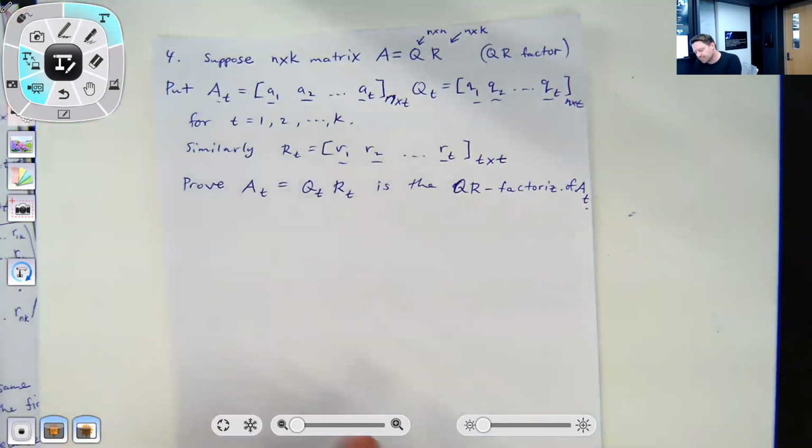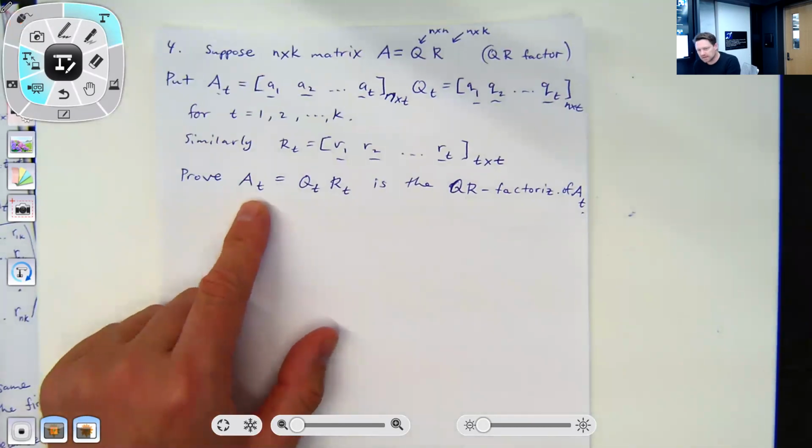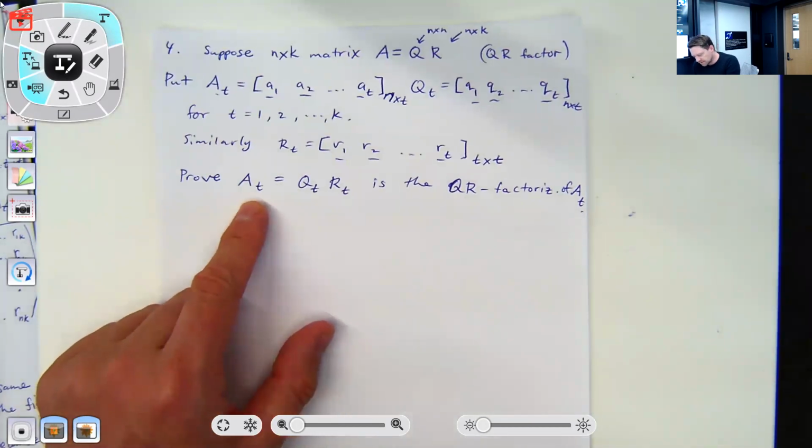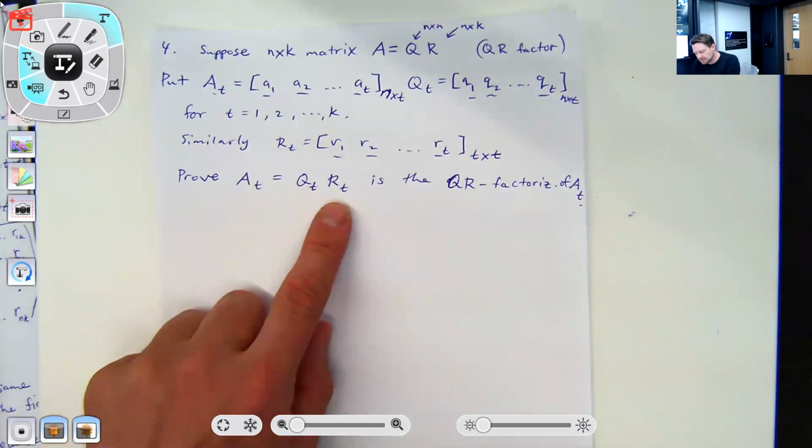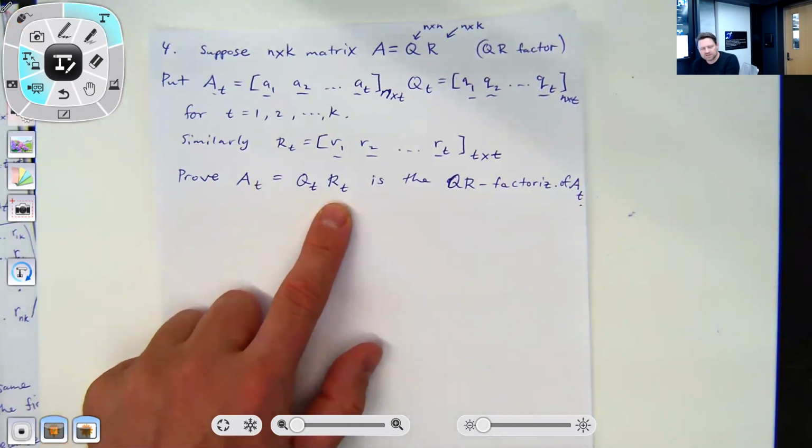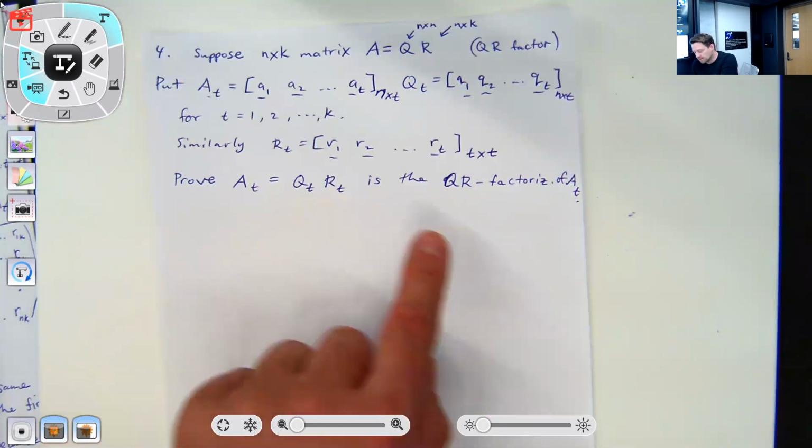Okay, so we're asked here to prove that A_T, defined to be Q_T times R_T, is in fact the QR decomposition of A_T.